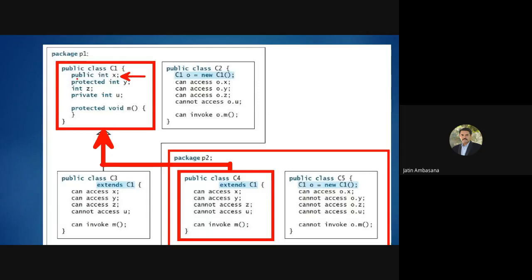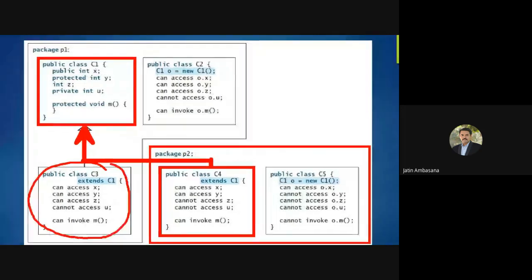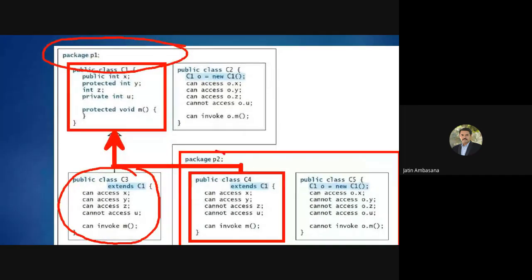X can be accessed because it is having public scope. Y also can be accessed because it is having protected scope. Protected scope means giving access to child class in same package or in different package. Okay, so you can see here it can access X and Y. X is public, Y is protected.